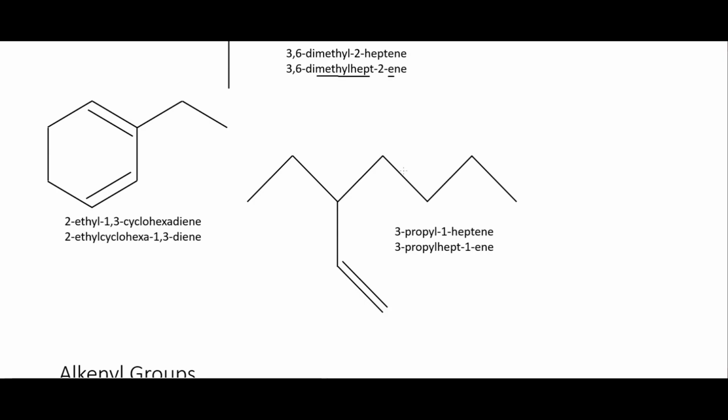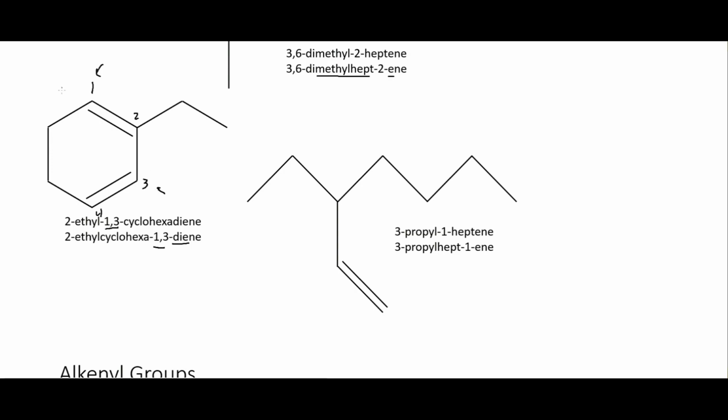And here's just a few more. So we have this cyclic one here. So we have the 2-ethyl. So we're actually starting right here, and then we put 1 there, 2, 3, 4. And so that's why we have 1,3-cyclohexadiene or 1,3-diene. So we start at the 1 here and we have the 3 here.